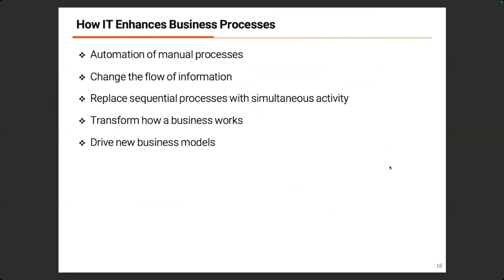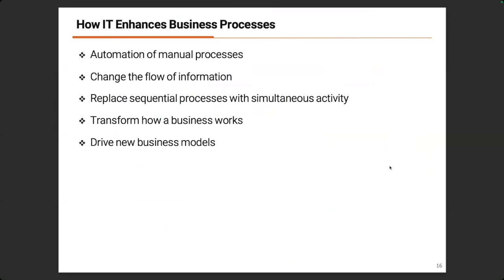Previously, all of these business processes were performed manually. The employees had to write some documents by hand. But these days, every company uses information systems that automate these business processes.